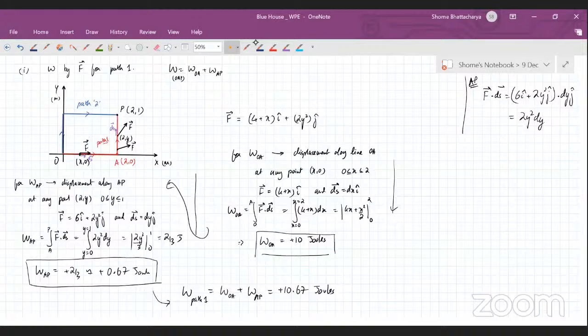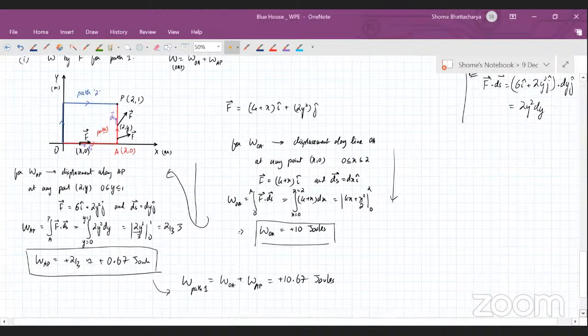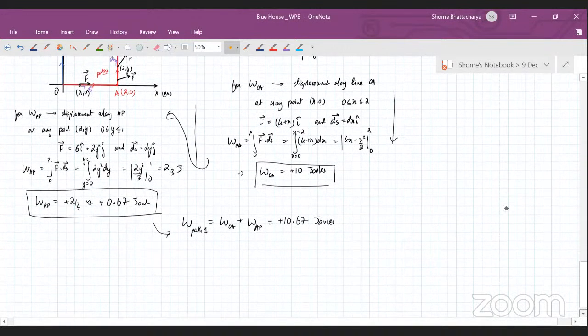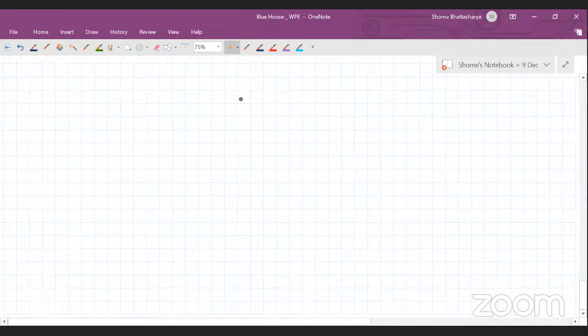Yes, both are same. So let's check this out. So what will happen in the second instance when we consider work done in path 2?